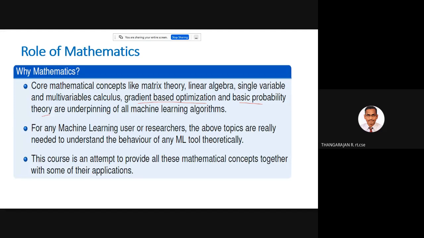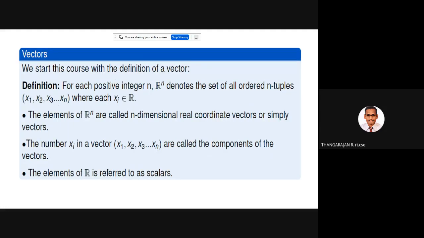Now, as I told you, we will get into the topic. The first topic is vectors. So what is a vector? This is the basic component of linear algebra. Vectors are used heavily in our machine learning applications.